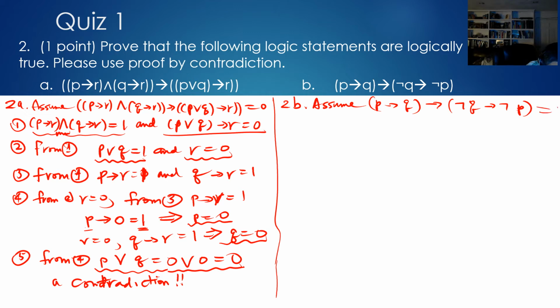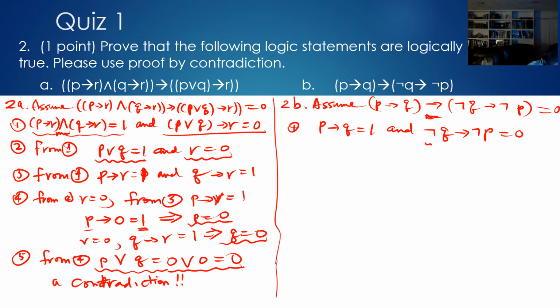Now assume this is 0. So again, this is the implication, right? So that means if the implication has a value false, that means antecedent must be 1 and the consequent must be 0. Now I call this 1.